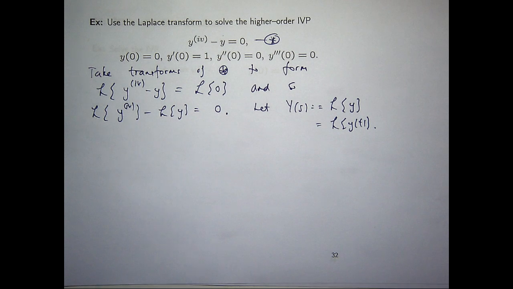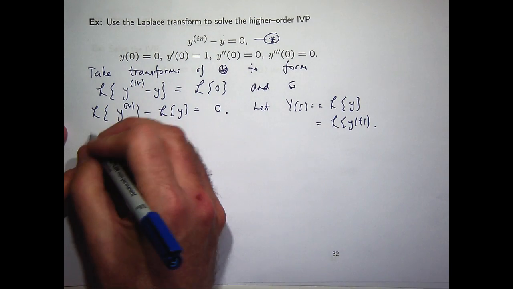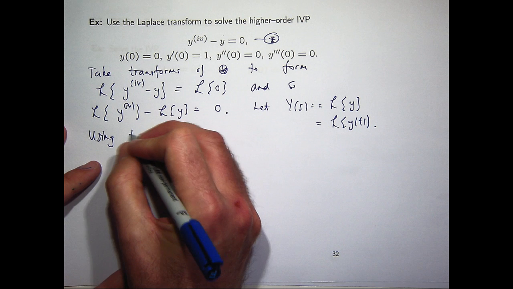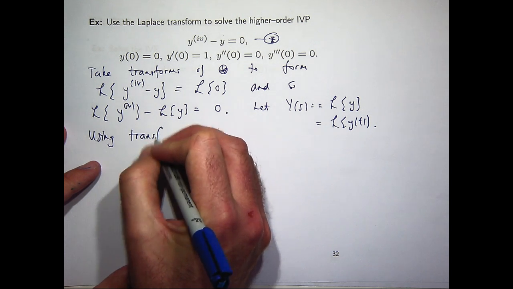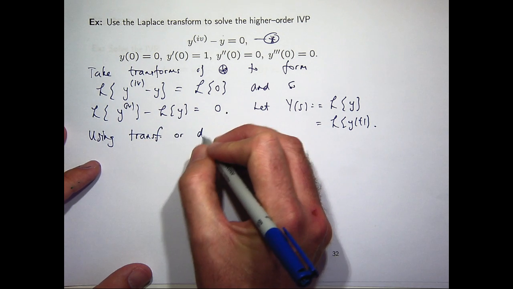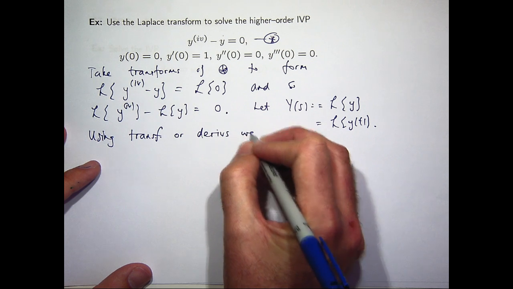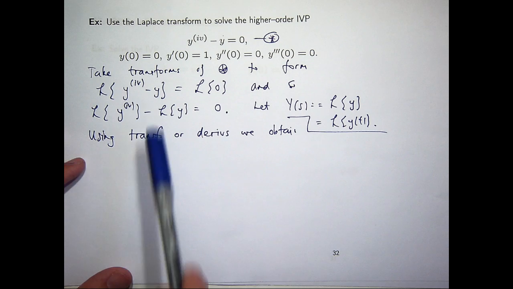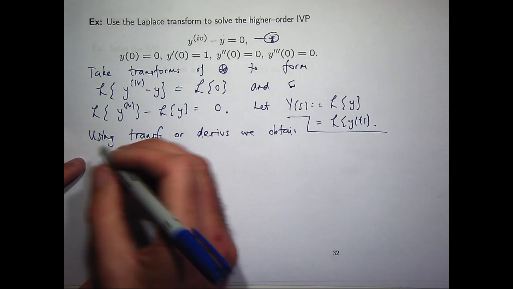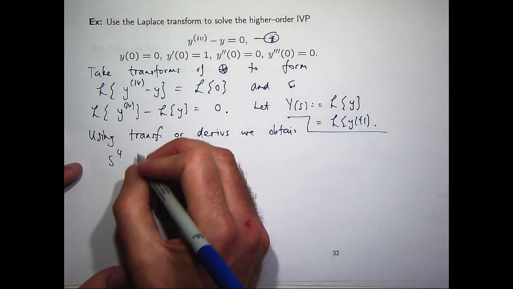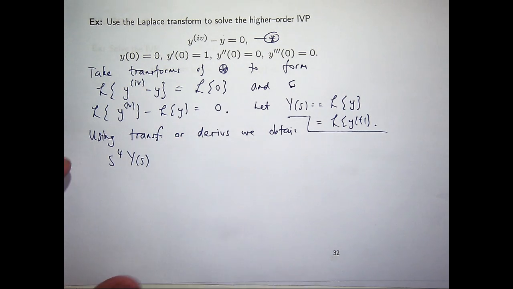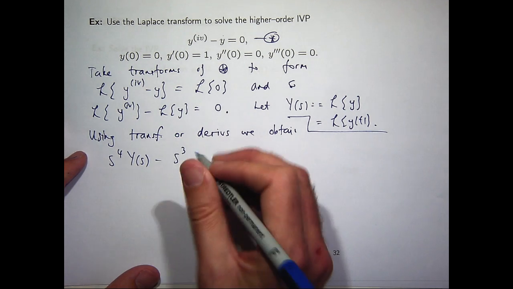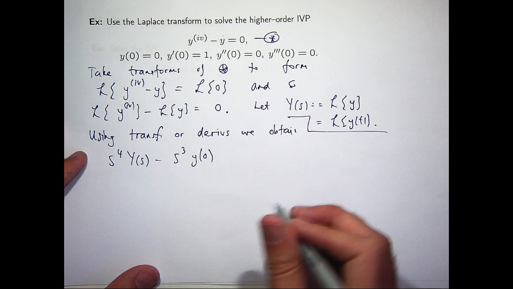All right, so using our transform of derivatives, we obtain the following. Well, what's the transform of derivatives here? It's going to be something like the following, just using the expression on the previous page.